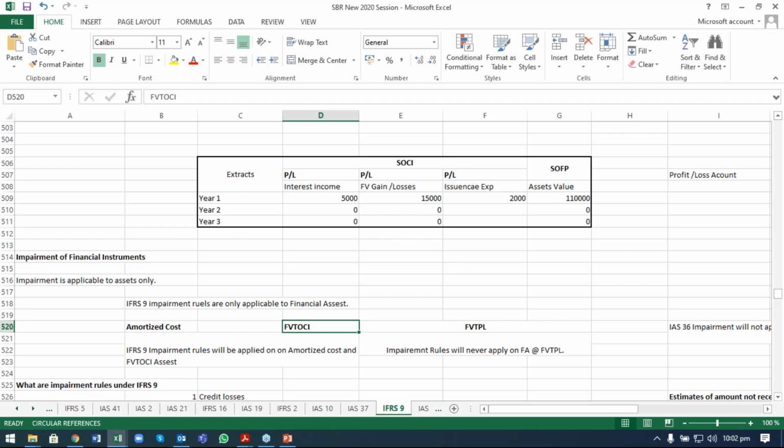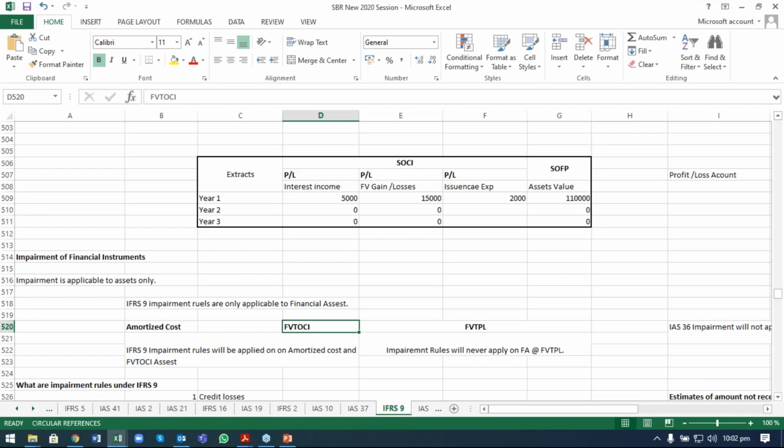Now, why are you not going to charge impairment rules on fair value through profit and loss instruments? Because if you look into the consistency of the accounting standards, I'm going to just give you an idea. Just recall IAS 40 investment properties. If investment property was carried at the cost model, then IAS 36 rules apply to that investment property.